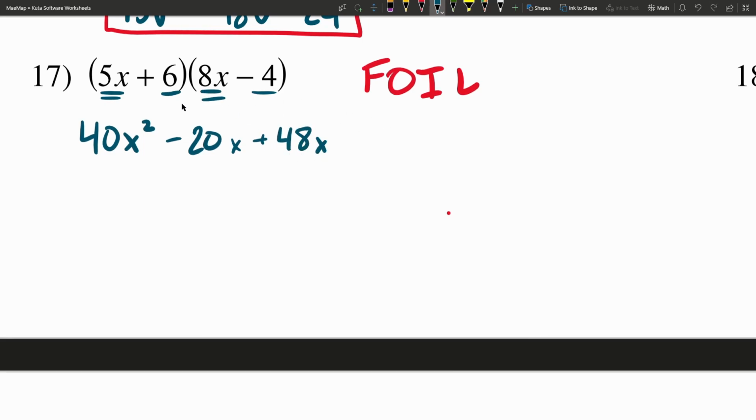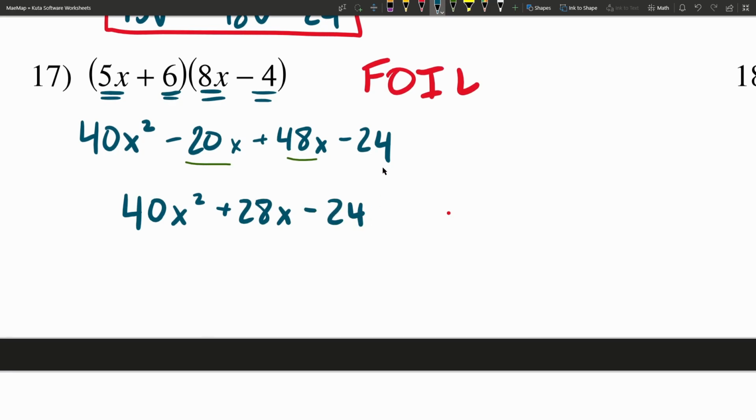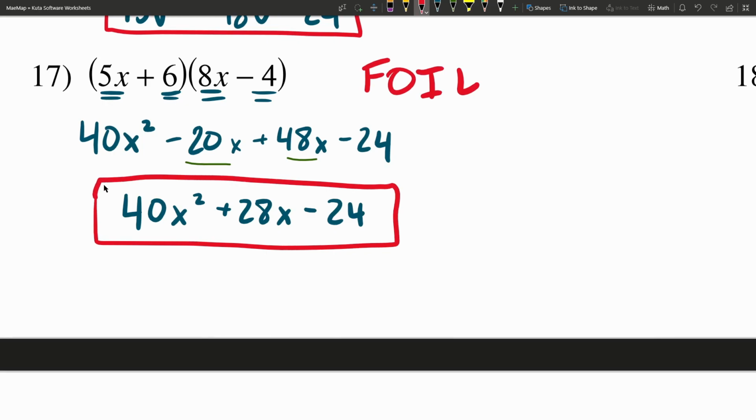And then finally our last terms, positive 6 with a negative 4, that's going to be negative 24 when multiplied. Like terms are negative 20x and a positive 48x. So that's going to result in 40x squared plus 28x minus 24. And that's our solution for number 17.